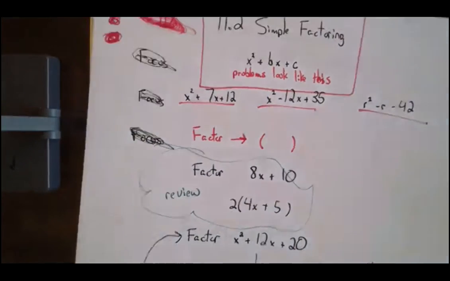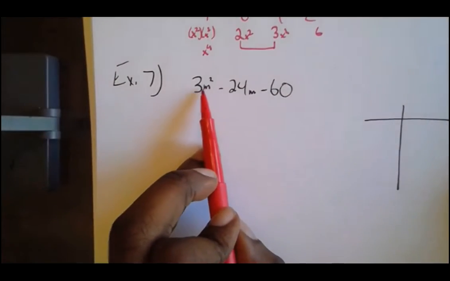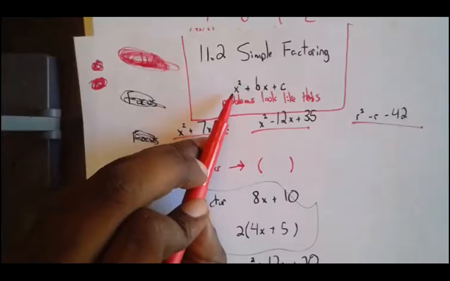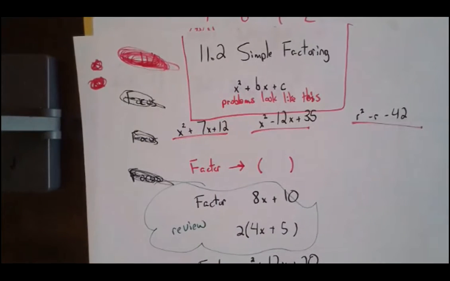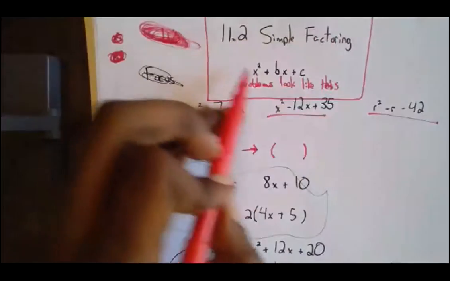And then all of a sudden, I throw this last problem at you, and look at it. It has a number in front of the x squared. That's not this. So that's an indication to you that it may not be this.